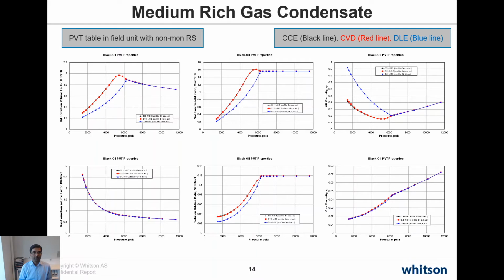Top left is oil formation volume factor, and we see that the blue one, the DLE black oil PVT table, is quite different from CCE and CVD. Top middle is solution gas oil ratio, and here also DLE is different from CCE and CVD. CCE and CVD are quite similar. Top right is oil viscosity, and the blue line, the black oil PVT table with the DLE experiment, is quite different from oil viscosity with CCE and CVD.